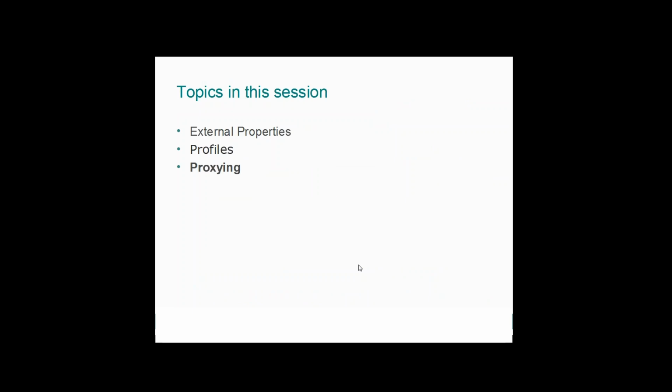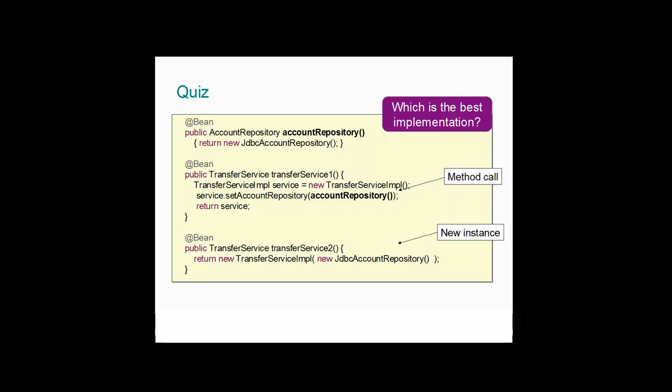Okay, so now if you look at this, tell me, I have this account repository, and I have another two beans, transfer service 1 and transfer service 2. Now the transfer service 1 is actually calling set account repository, calling this account repository as another bean call and getting injected, and there is one more where this has been injected directly here, JDBC account repository.